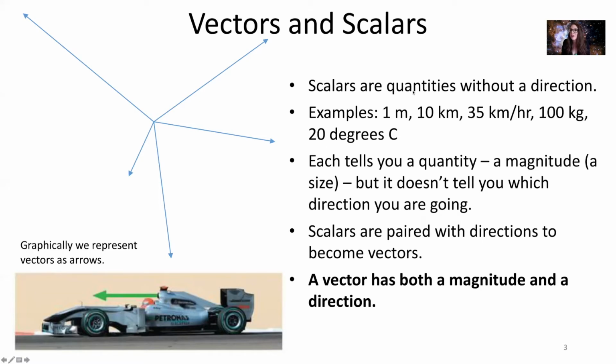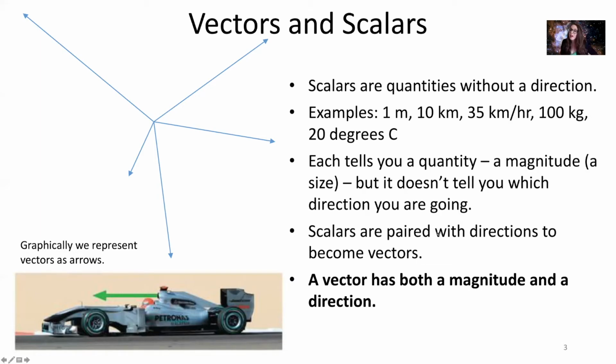They are a measure of something, but we don't have a direction. Each quantity tells you something called a magnitude. The magnitude is essentially the size of that quantity, and again, it doesn't tell you which direction you're going. Magnitude is the size of a quantity.